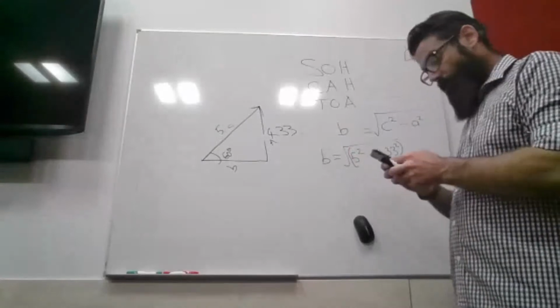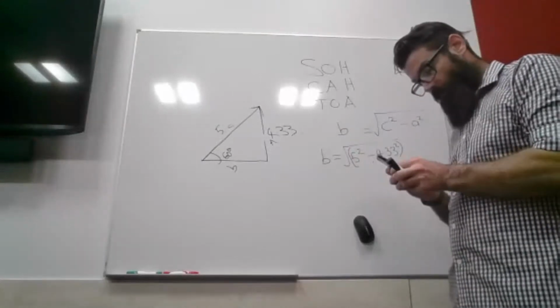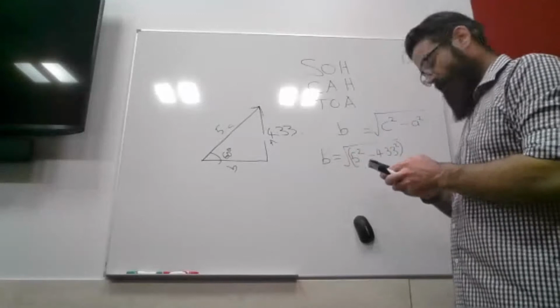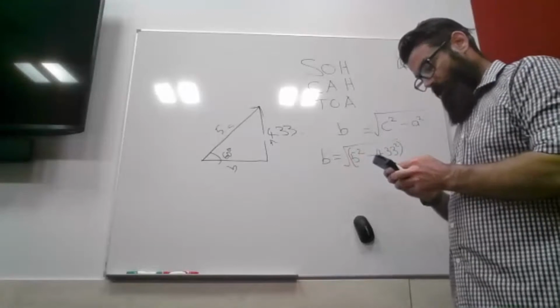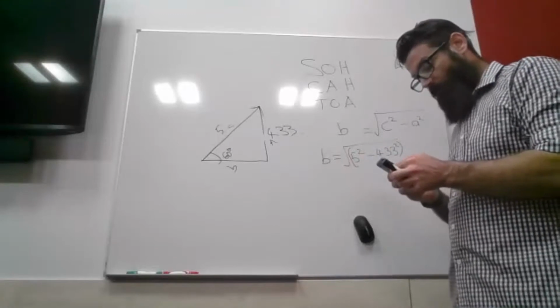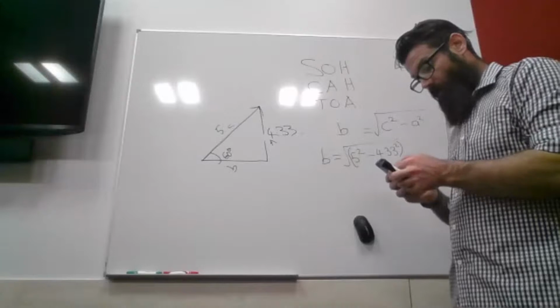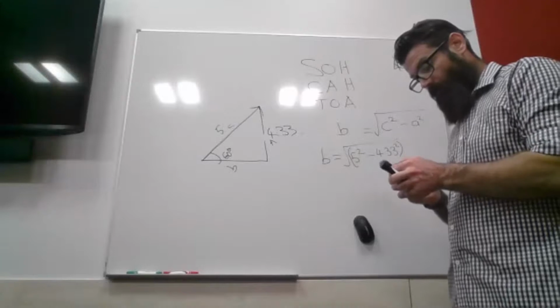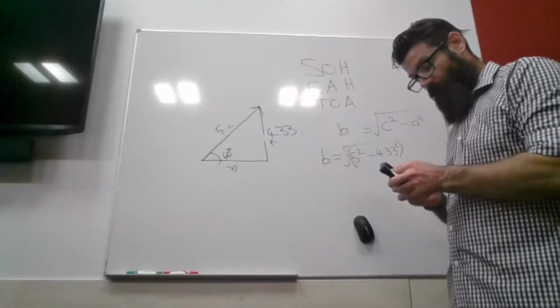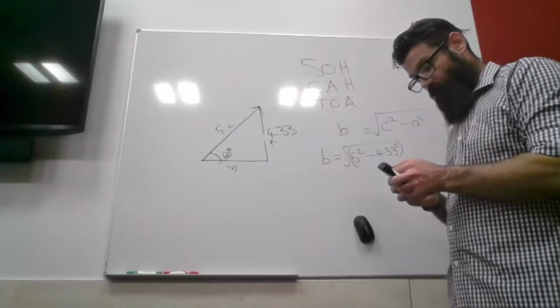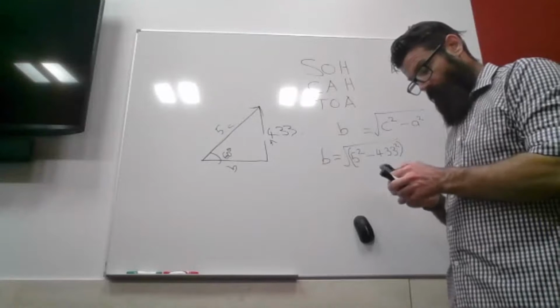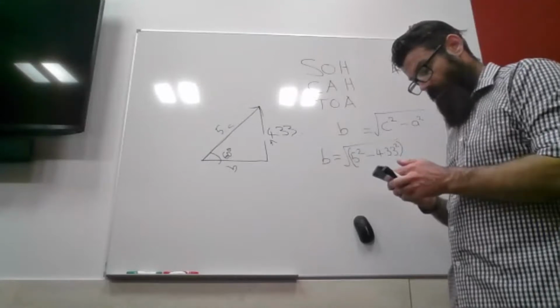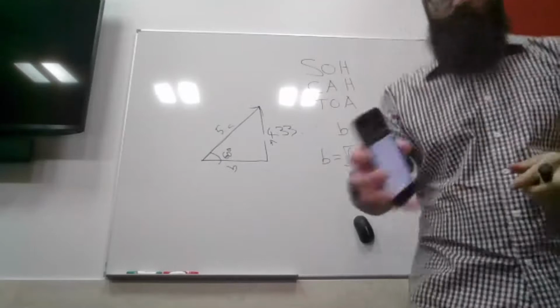Square root of 5 squared minus 4.33 squared. I put brackets around that, and that gives me a value of 2.5.